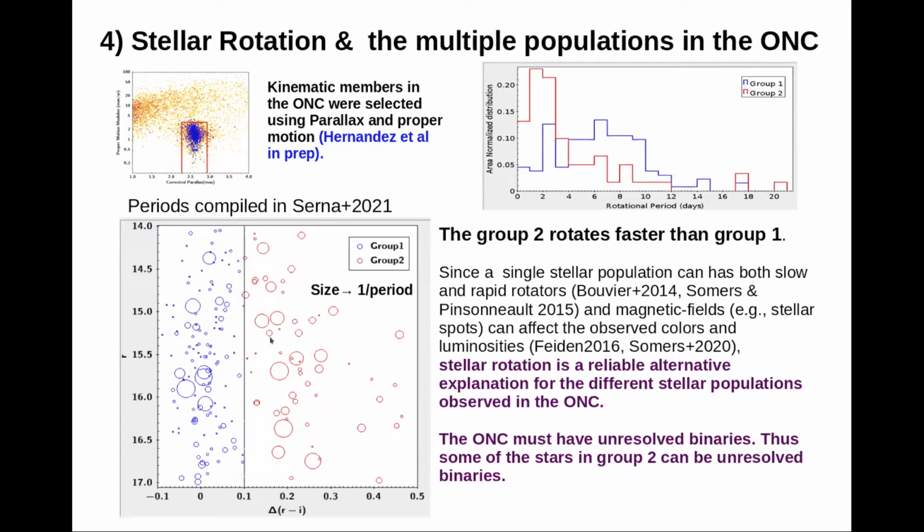But the basic idea is that fast rotators could have a radius inflation effect that can change the luminosity and the color of the stars. This is a similar result to the Pleiades, in which the faster rotators are located above the main population in the Pleiades.